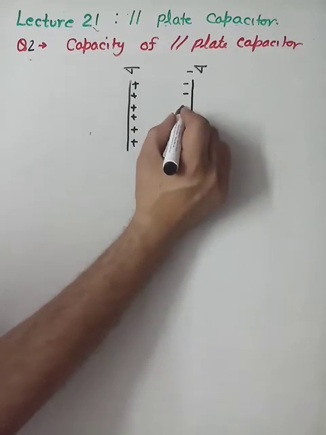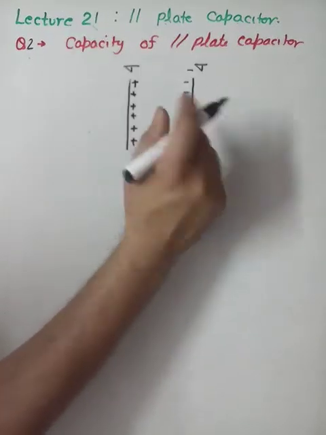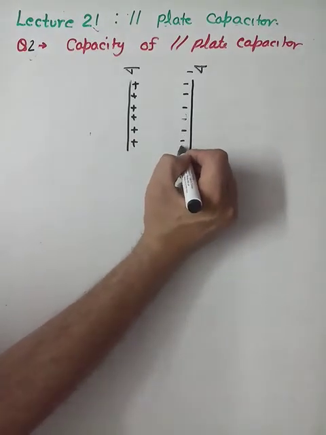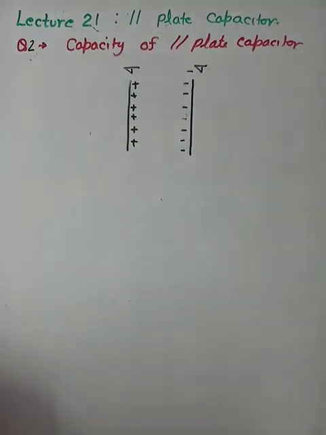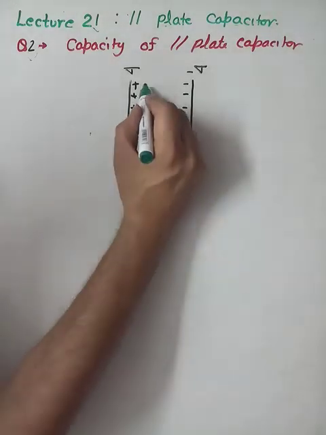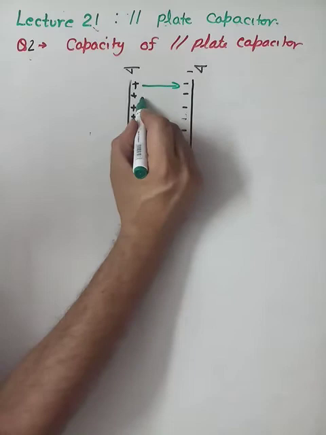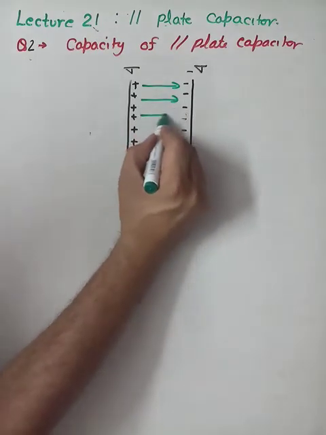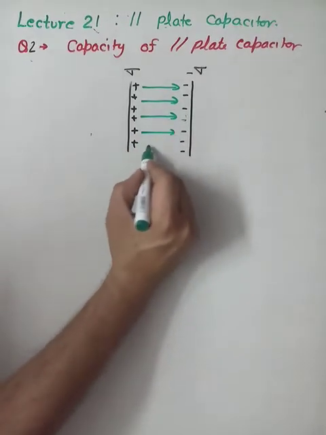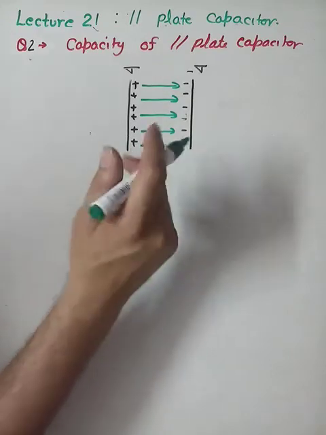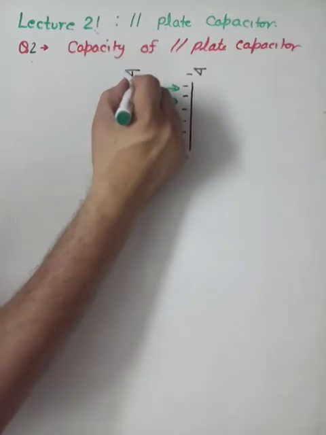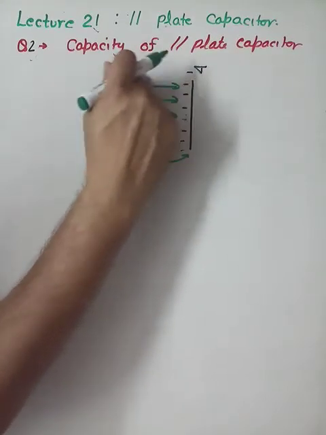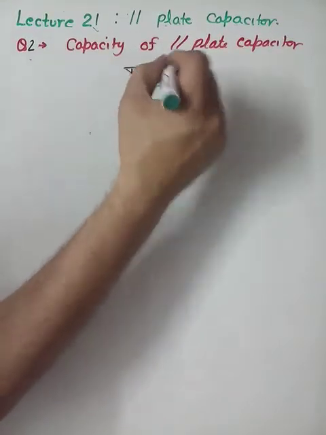And one thing which I forgot to explain is that electric field lines start from positive charge and end at negative charge. Therefore field lines look like this. That means we get a uniform field between the two plates of a capacitor, and at the ends the field lines are like this, normal to the surface on both sides.